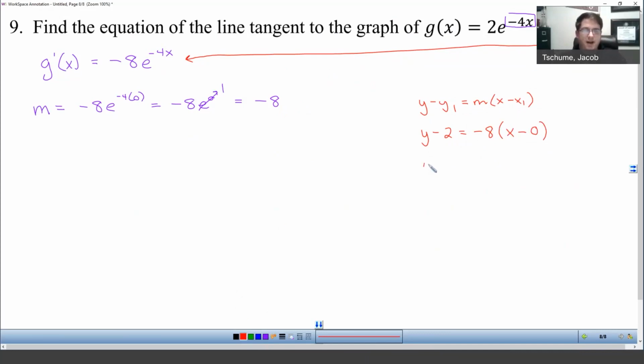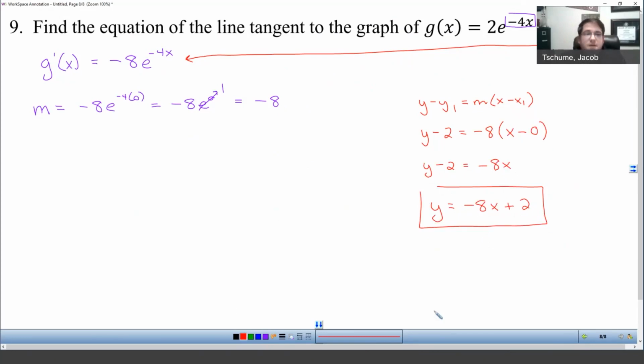Well, multiplying the right-hand side by negative 8, you should just end up with y minus 2 equals negative 8x. And if you add the 2 to the other side, you should get a final answer of y equals negative 8x plus 2. And that is the equation of the tangent line.